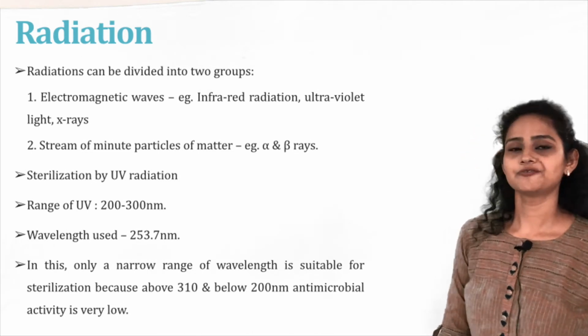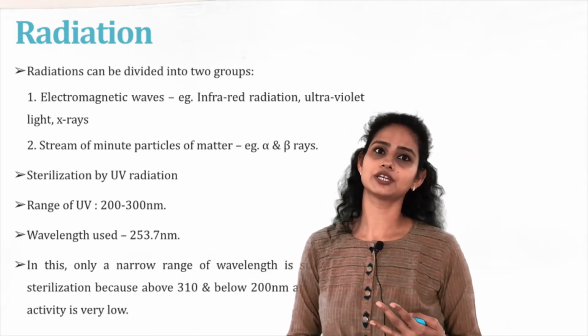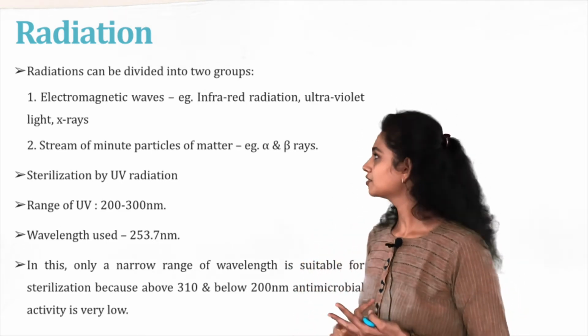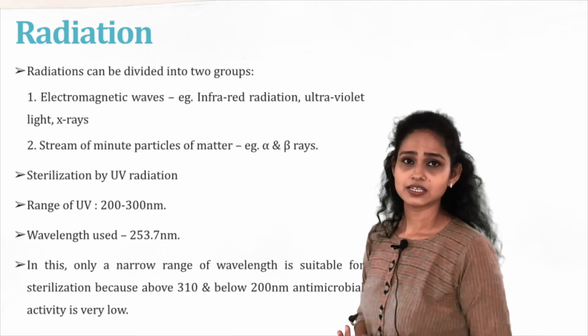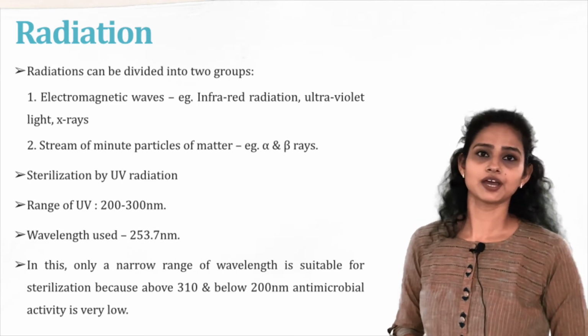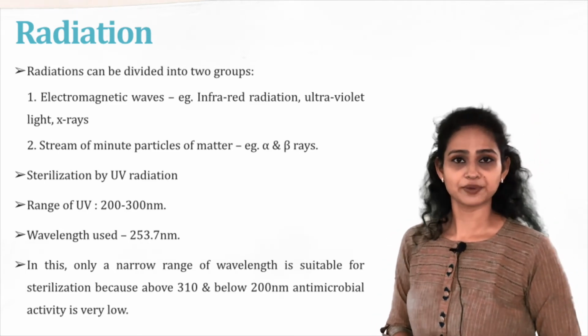Now, radiations are divided into 2 main categories. First is electromagnetic waves, which include IR, UV, and X-rays, and second is stream of minute particles of matter, which includes alpha, beta and gamma particles. Let's talk about electromagnetic waves first.